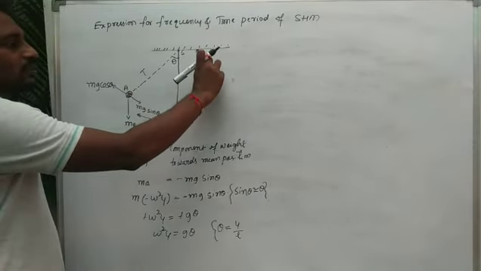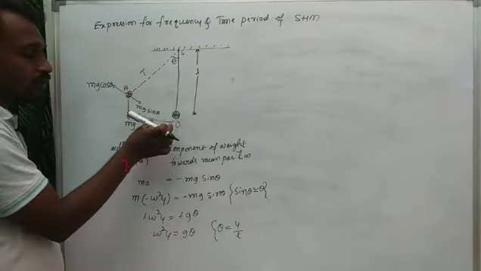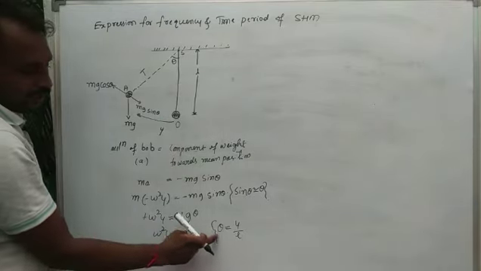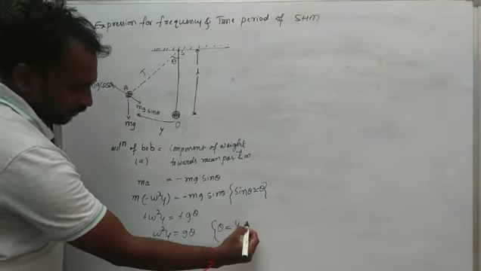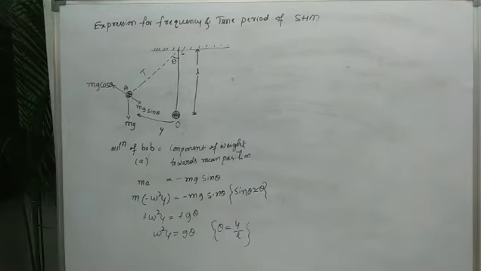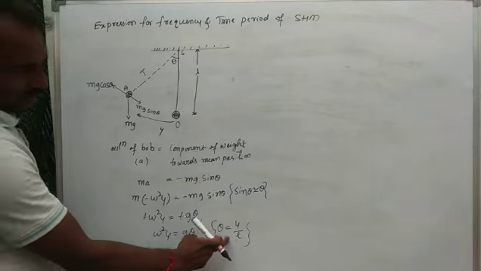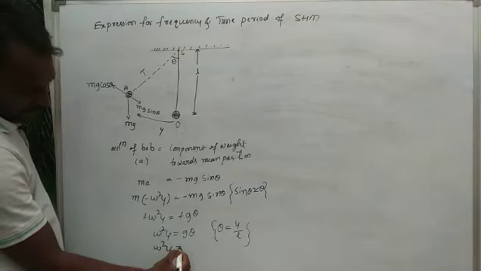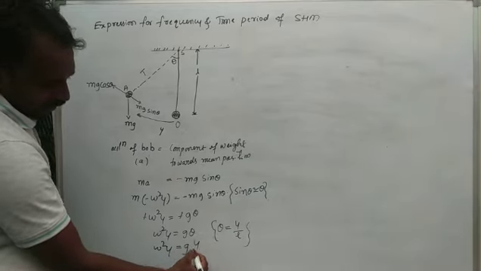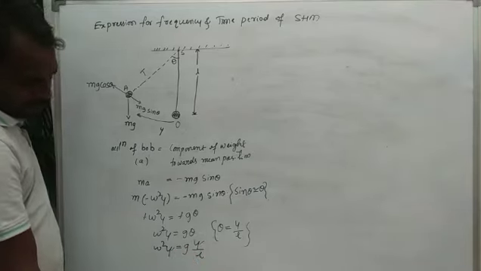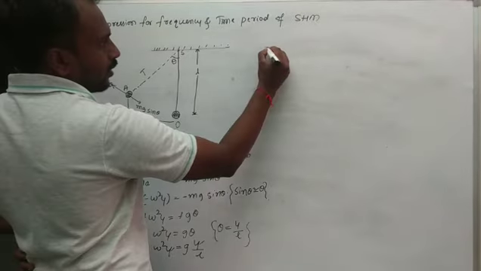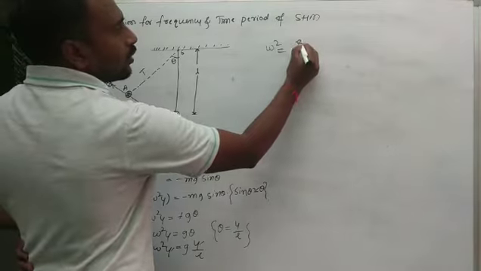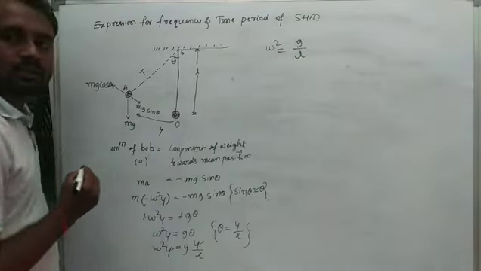So theta is equal to y divided by L. Then omega square y is equal to g times theta, that is y by L, and y gets cancelled. So omega square is equal to g divided by L.